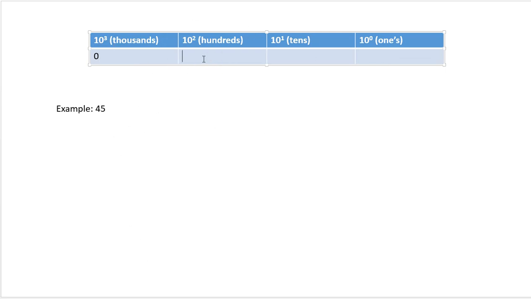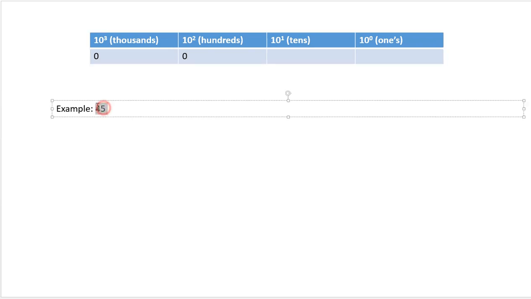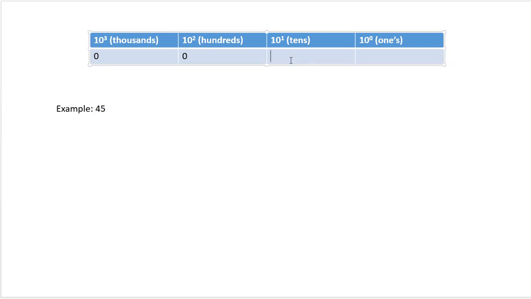Next, how many hundreds go into 45? Again, none. How many tens go into it? We know that if we divide 45 by 10, we're going to get 4 of them.